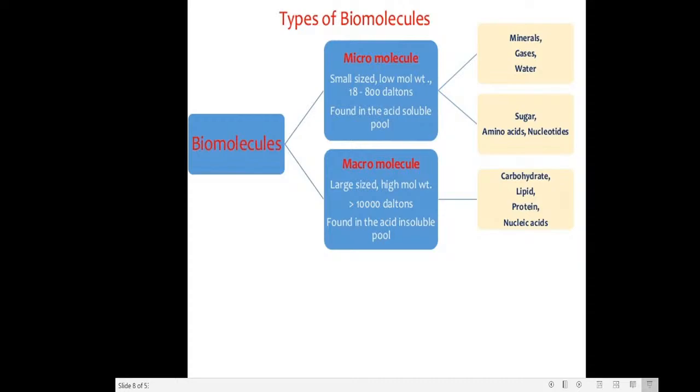The 18 to 800 Dalton range is a very important thing, and they are found in the acid soluble pool. Large, high molecular weight molecules, more than 10,000 Dalton, are called macromolecules. The macromolecules are found in the acid insoluble pool.